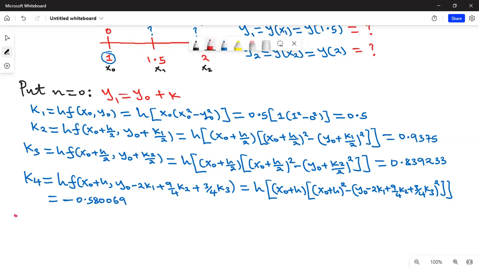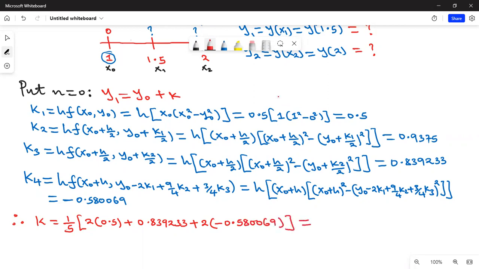So therefore, our K is the same as 1 over 5 into 2K1, and our K1 is 0.5, plus K3, which is 0.839233, plus twice K4, which is negative 0.580069.